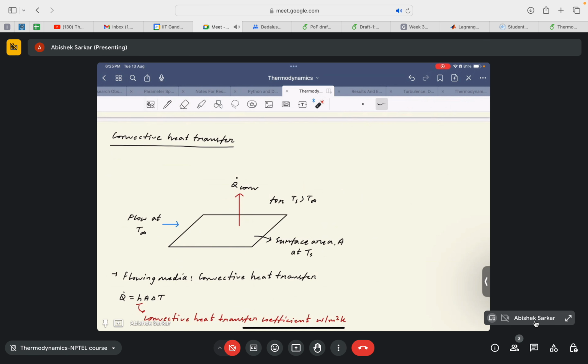Okay, but by no means am I saying that convection won't have conduction. Of course, conduction needs to be there in the case of convection. It's convection, but the majority of the heat transfer that occurs in convection is because of the bulk motion of the medium.